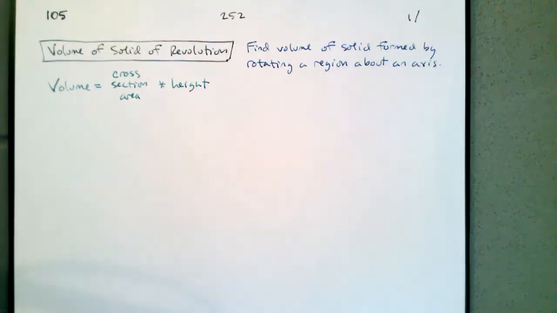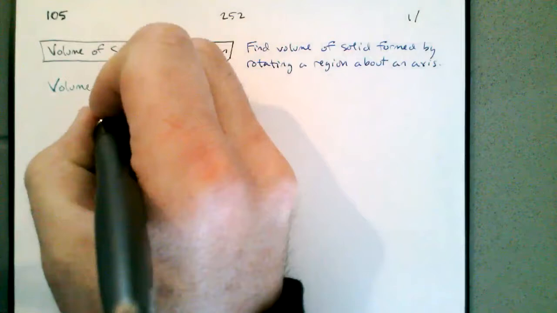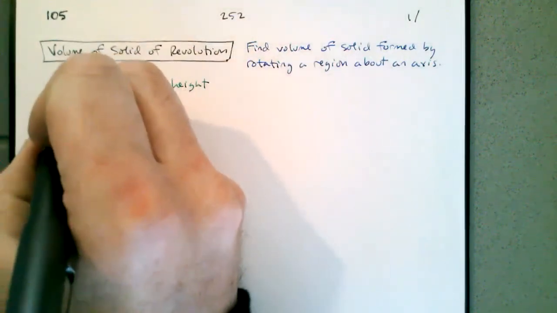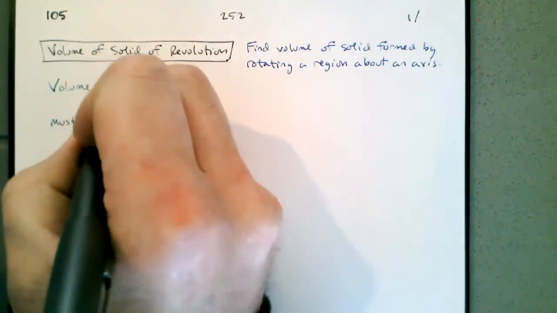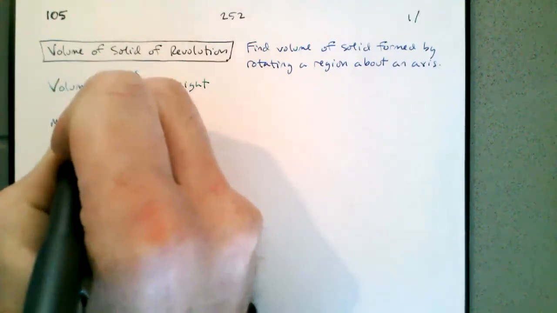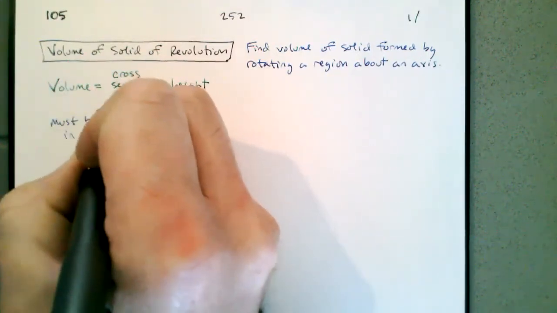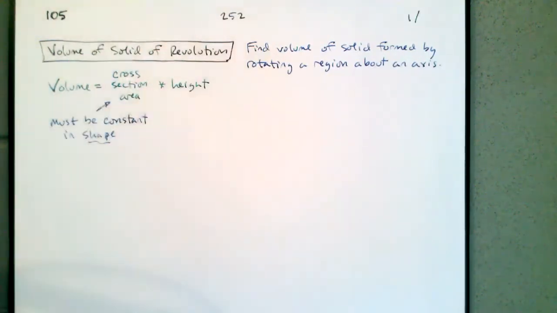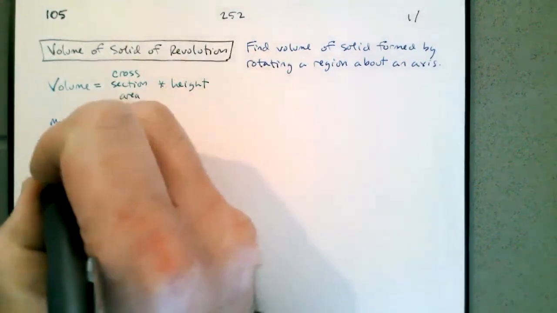And so what that forces on us is that the cross-sectional area must be constant in shape. It has to have a constant shape so that we can write everything in terms of one variable, but it can vary in size.